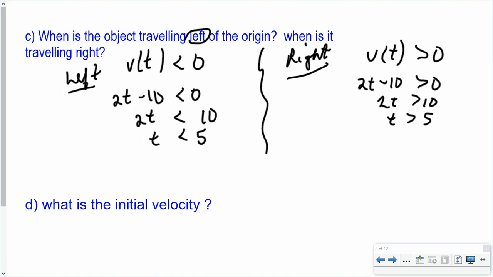Got it? Now, I could take this a little step further and just incorporate my domain.